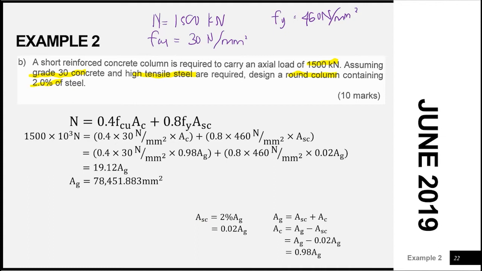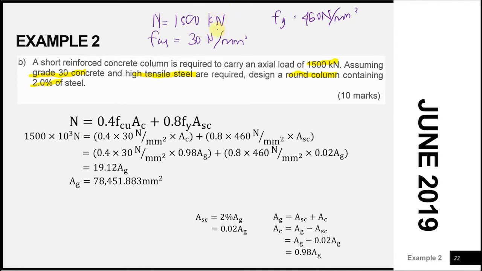Okay, you use this formula for example number 2. N equal to 0.4 FCUAC plus 0.8 FYASC. Okay, so kita akan insert whatever that we know based on the question ke dalam this formula. Okay, one thing that we know that N, which is 1500 kilonewton.